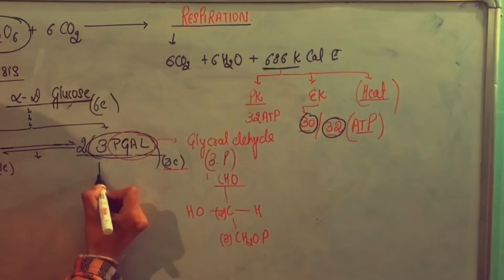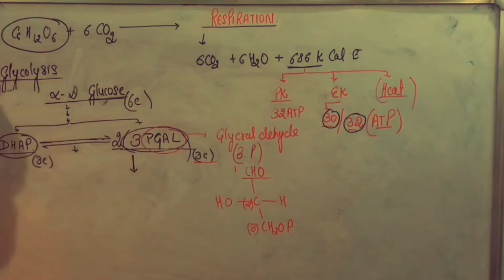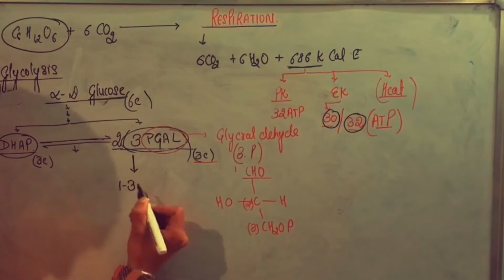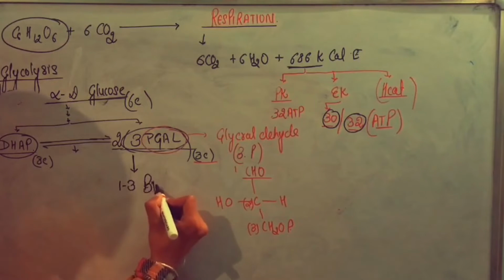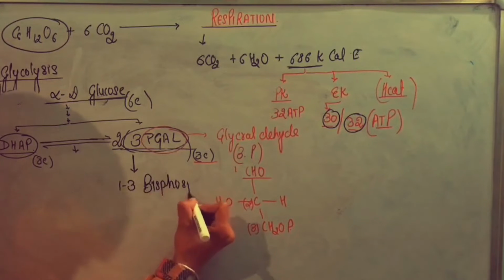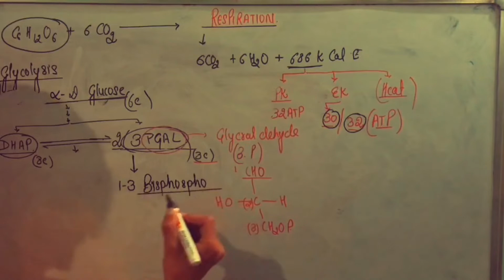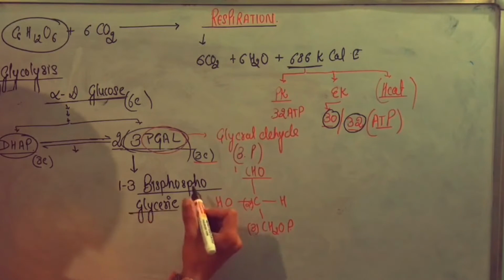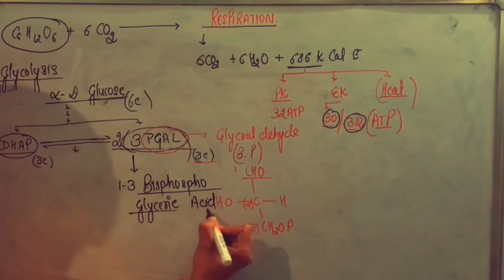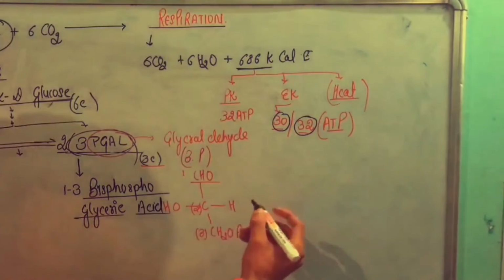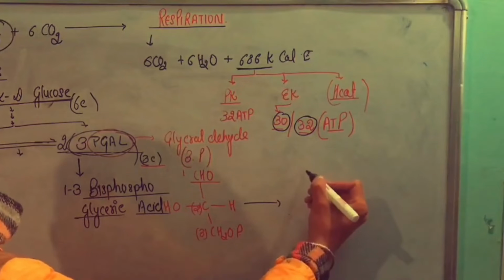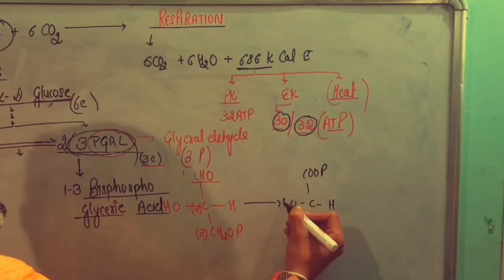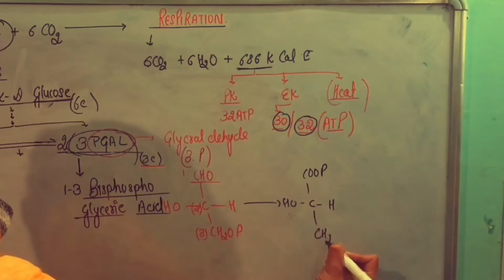This glyceraldehyde 3-phosphate is then converted into 1,3-bisphosphoglyceric acid. So glyceraldehyde 3-phosphate: COOP, CHOH, CH2OP.